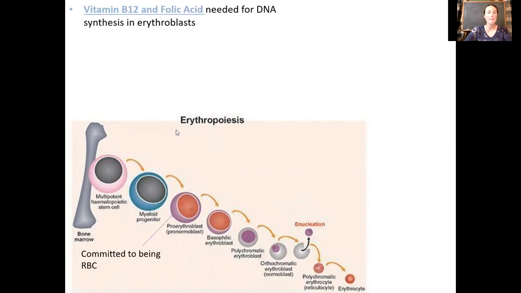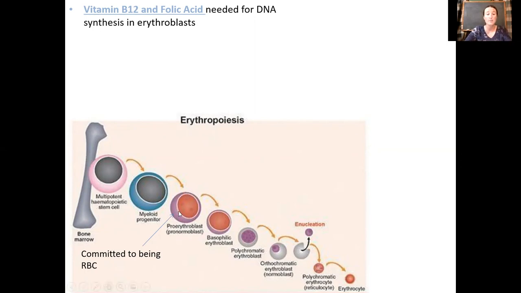Given EPO, the daughter cells of these hematopoietic stem cells are going to differentiate into myeloid progenitor cells. From there, EPO is going to further commit these daughter cells to becoming a red blood cell. And again, this differentiation process only moves forward, never backward. Once certain genes are turned on and others are turned off, there's no reversing that.